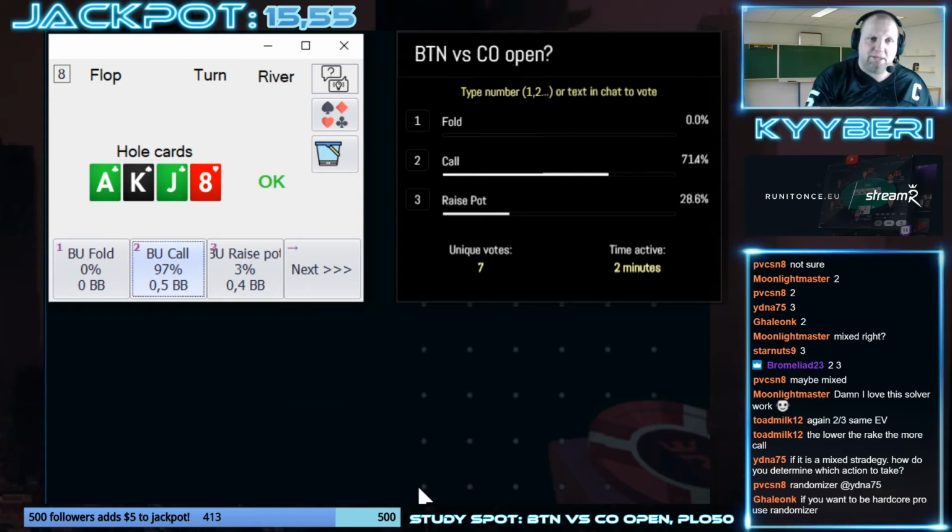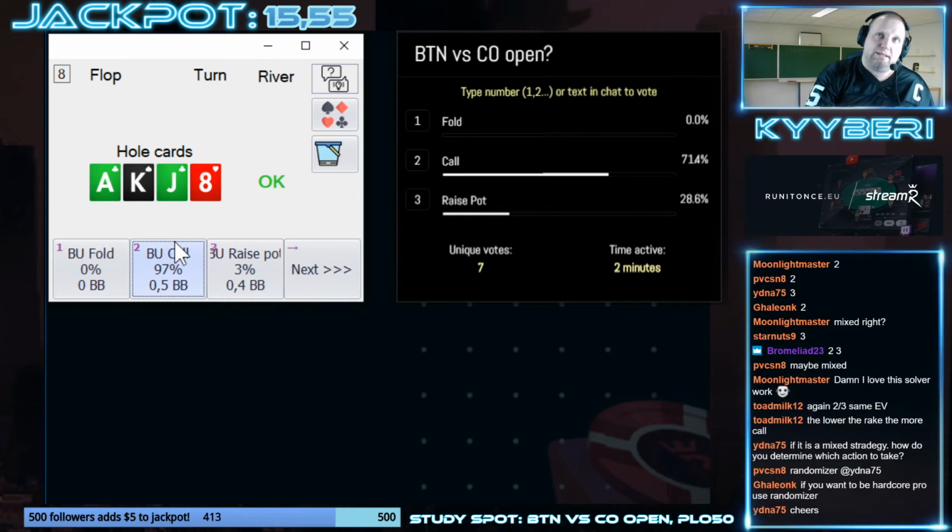But if we go to the strength bucket like ace, queen, jack, 8 and similar hands, then you can use the side cards to randomize, like ace, queen, jack 9. If they're single-suited, we 3-bet, double-suited, we don't. And then you get a built-in randomizer. If you have a randomizer tool that gives you a number between 0 and 100, the problem is that you would have to remember every hand's frequencies, and that's not for humans.